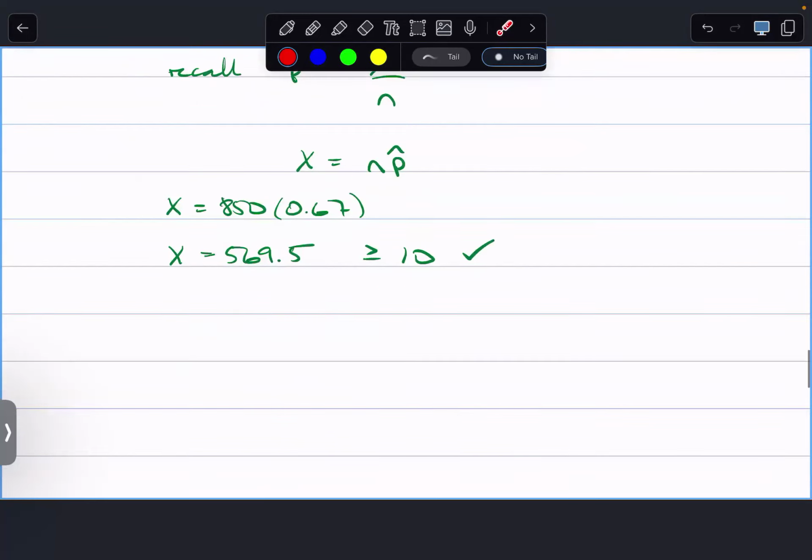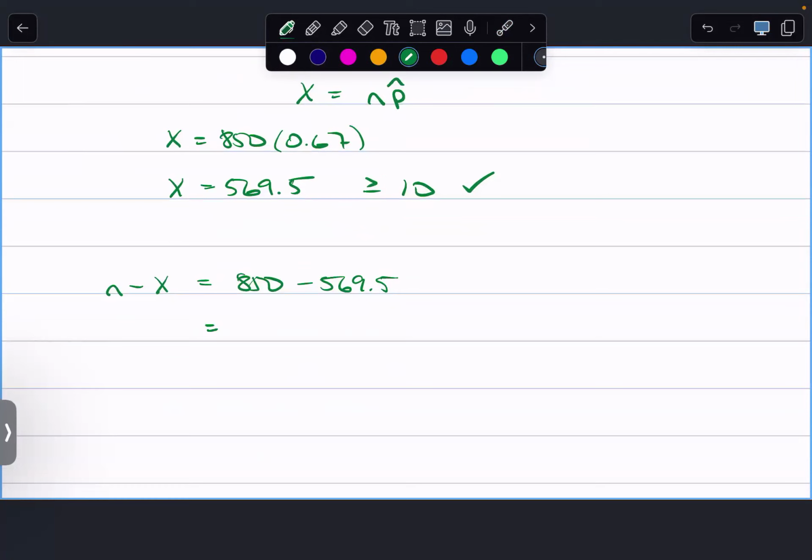And so we can also check that N minus X, which is 850 minus 569.5, is 280.5, which is also greater than or equal to 10. And so this is checking that we have at least 10 observed failures.